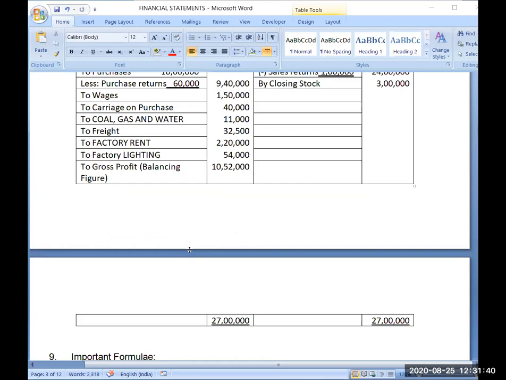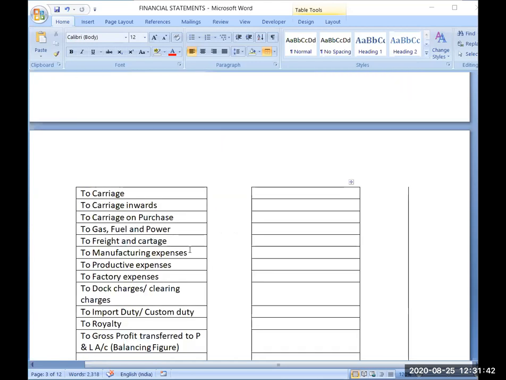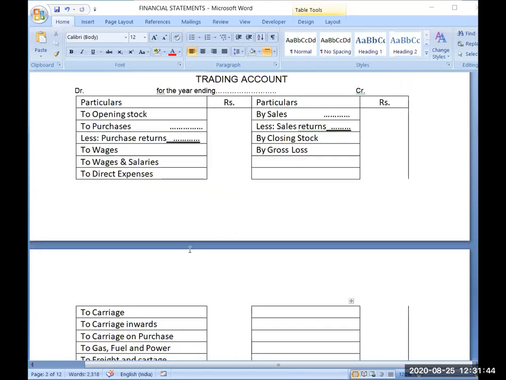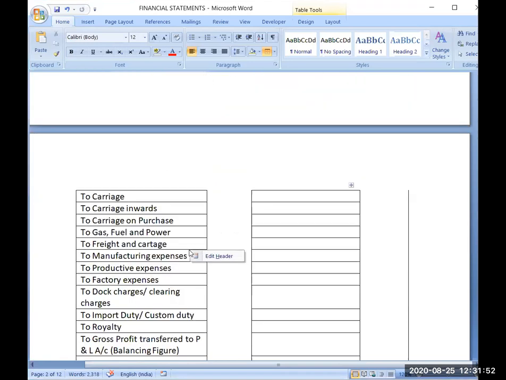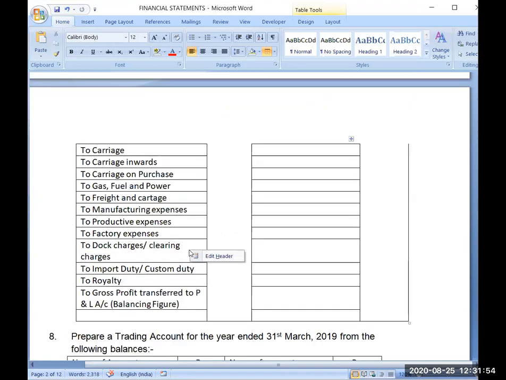And one more thing I want to make clear, that I have given you the format of trading account, and almost the accounts which are written in this format, mostly you will be getting such expenses only. This is the list of accounts that can come in a trading account, so it is a very small list.